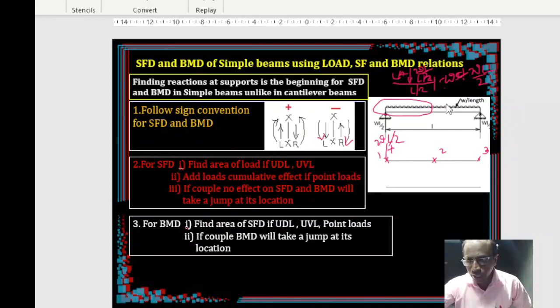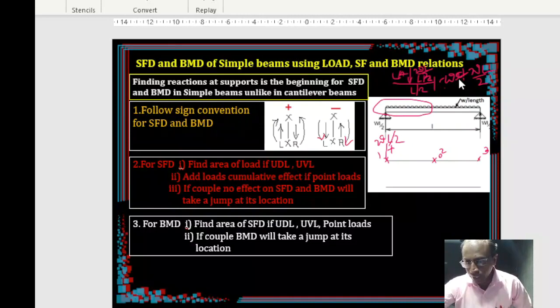Now in this you keep substituting. If you want to know the ordinate at any point, let us say at L by 2, put x equal to L by 2. Then the whole equation becomes minus W times L by 2 plus WL by 2. That means 0. The ordinate is 0 here. Next, because the load is uniform till the end, this equation is valid till the end also.